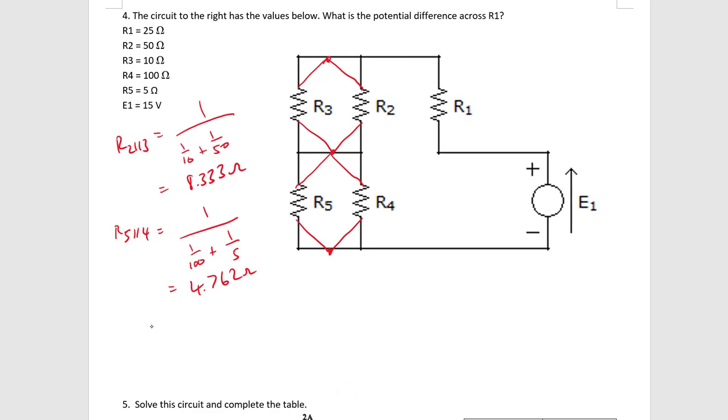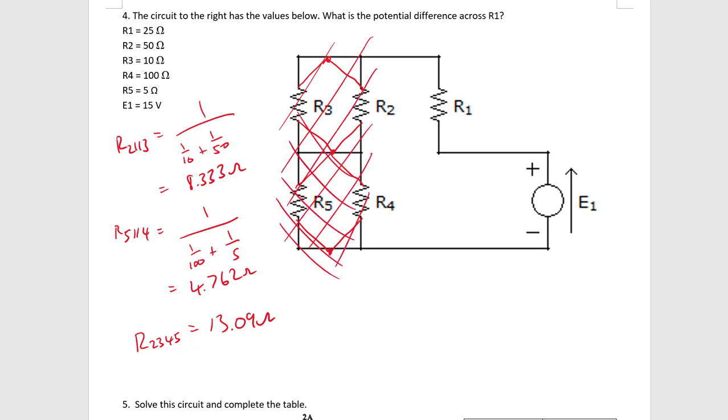So I could start by saying, let's just worry about R2, 3, 4, and 5, and I'll end up getting just those two added together, and I get 13.09 ohms. So once I've got that 13.09 ohms, I can effectively forget about all of this, because there's nothing in the question that wants me to figure out anything about this, right?